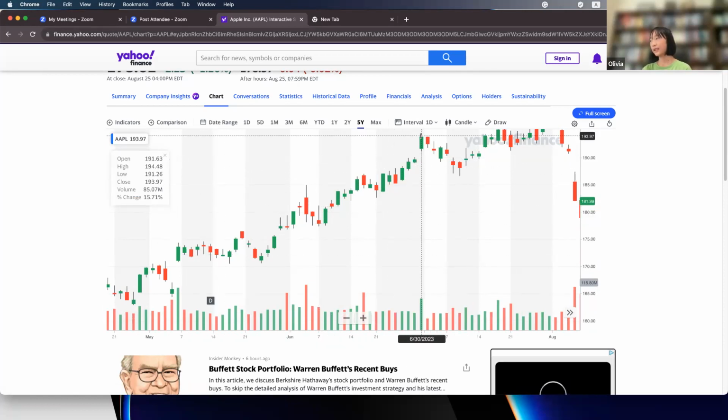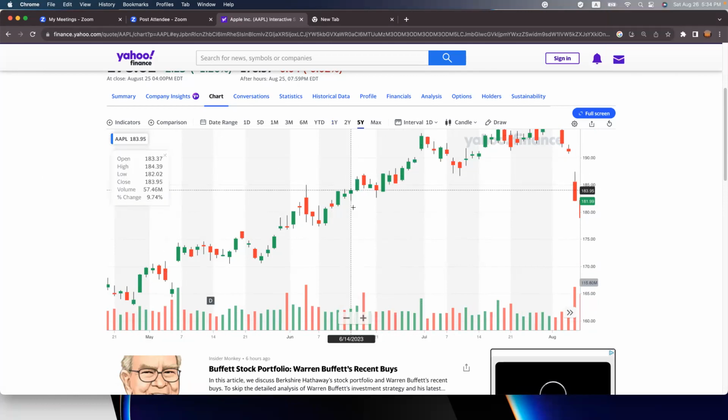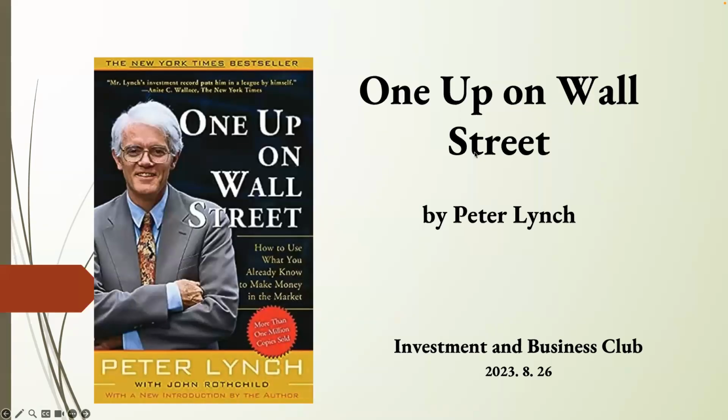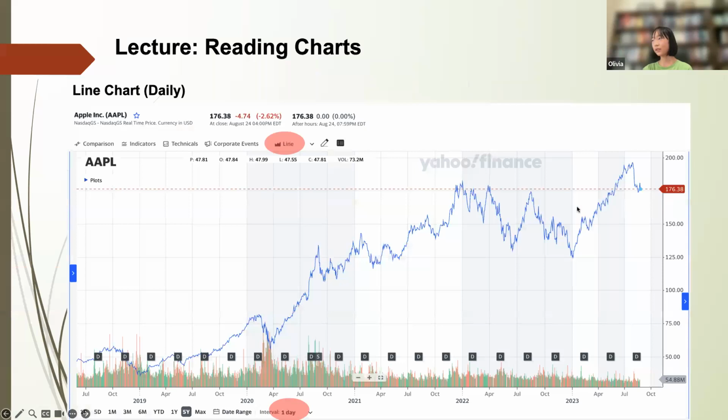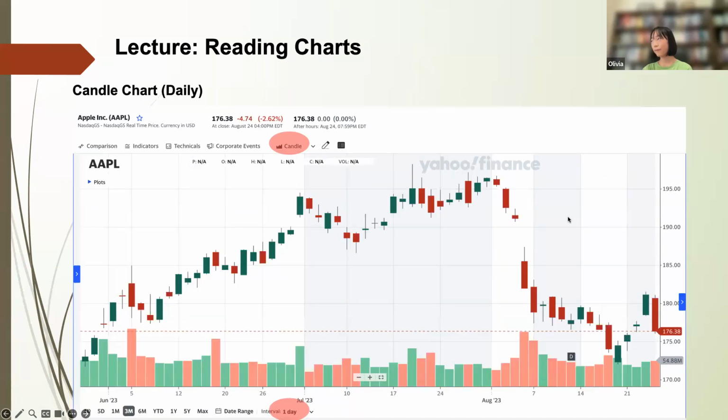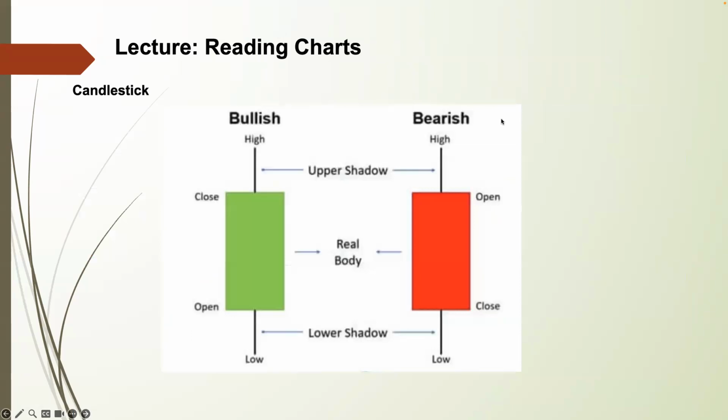And as you can see here, they have 2 small tails, like a candlestick. So I'm gonna show you guys how to read these. Can you guys see my screen over here? Yes. Okay. So there's 2 types of candlesticks.